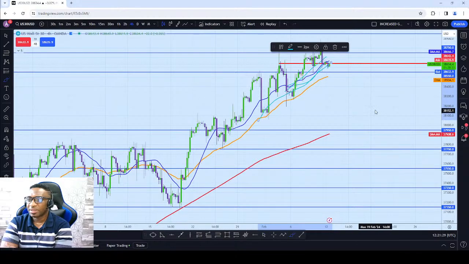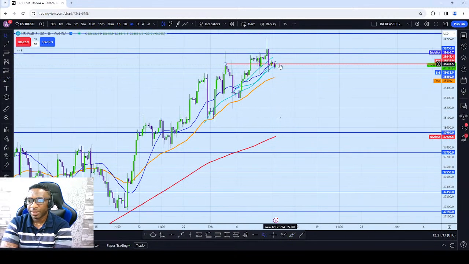With that said, this morning my entry on this pair is somewhere here, which I'm anticipating a push up to these previous highs or beyond to the next key level. So I'm currently in this trade, waiting to see what will happen.